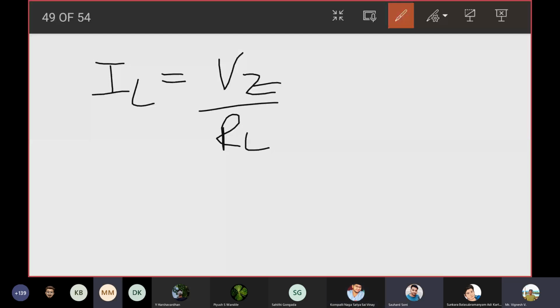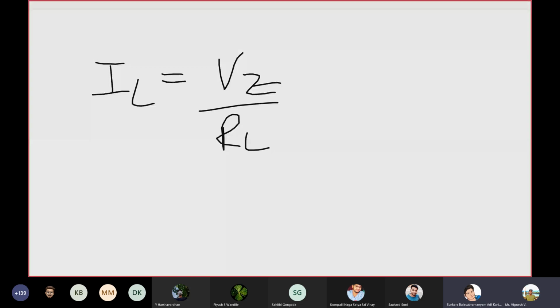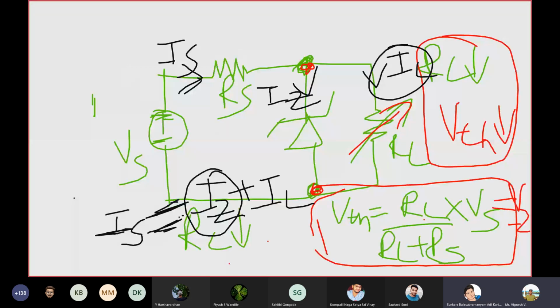Yes, sir. Sir, VZ or VS, sir? You tell me. How is it VS divided by RL? The source. What is the voltage across RL? Isn't it same as VZ? Yes, sir. Okay. Am I right?